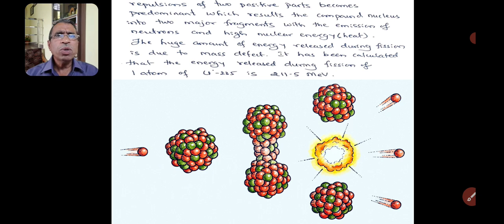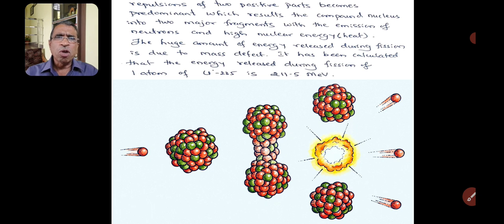The huge amount of energy released during fission is due to mass defect. It has been calculated that the energy released during fission of one atom of uranium-235 is 211.5 million electron volts. I have shown the diagram where a neutron is bombarded on the heavy nucleus.